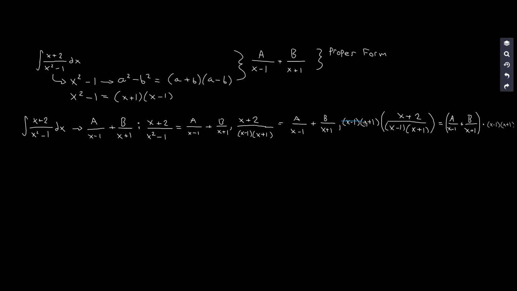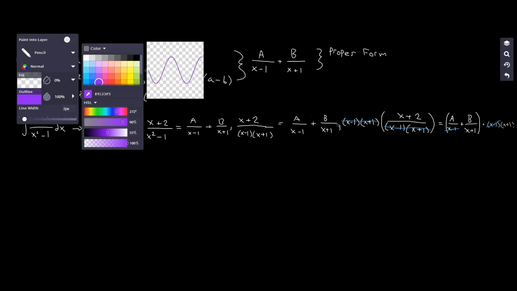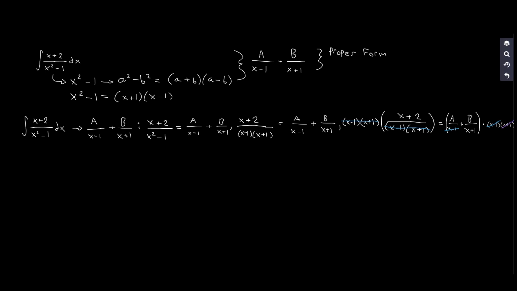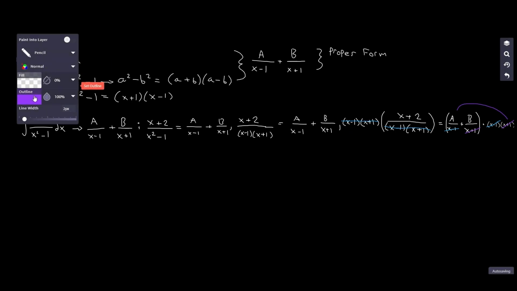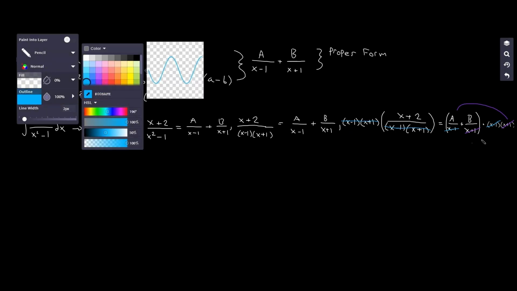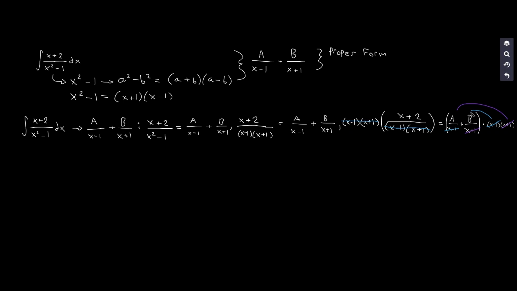Let's do x minus 1, x plus 1 are going to cancel with these. The x minus 1 here is going to cancel with x minus 1 here. And then we'll use purple. Then x plus 1 is going to cancel with x plus 1. But this is still going to go to here. And, well, this is still going to go to here.